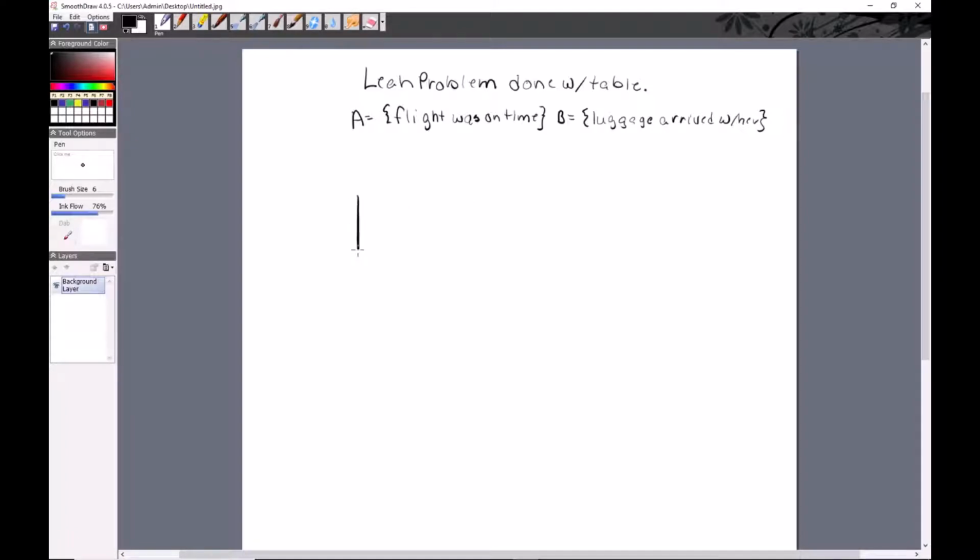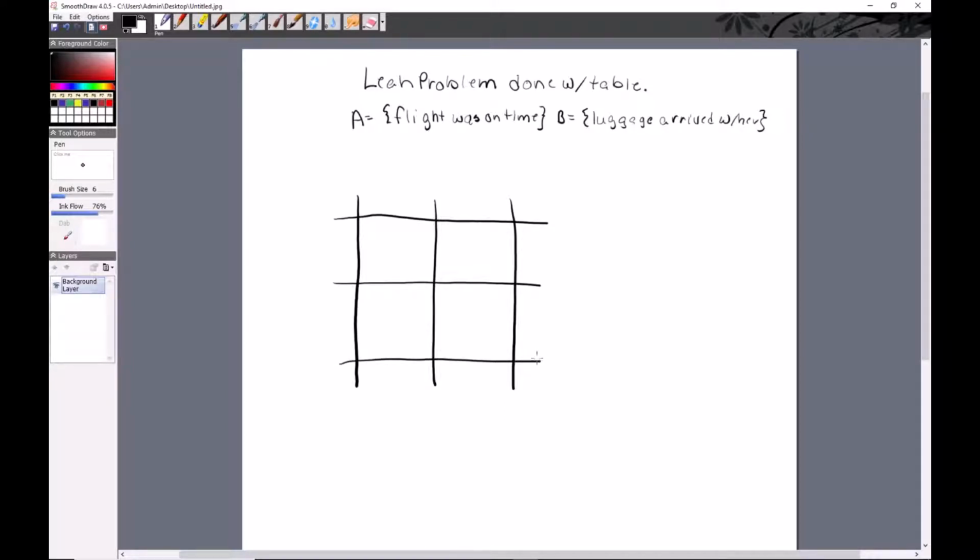When we set up a table, we're going to want to have 3 uprights and 3 horizontals. And we'll leave this for the marginal totals.